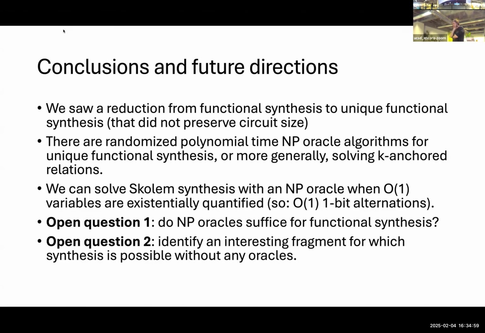But I guess which of these problems, you've given instances here where you can do Skolem synthesis. So which problems can you phrase in this manner, like collapsing, well, not collapse, but simulating, the TFM problem?